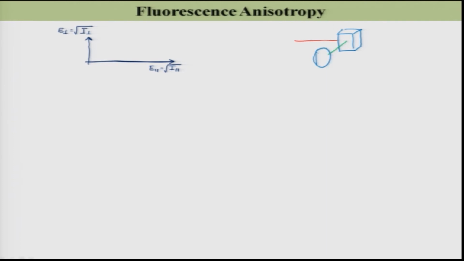When the polarizer is oriented this way, I assume that this is I parallel. When I rotate this polarizer this way, this is I perpendicular.